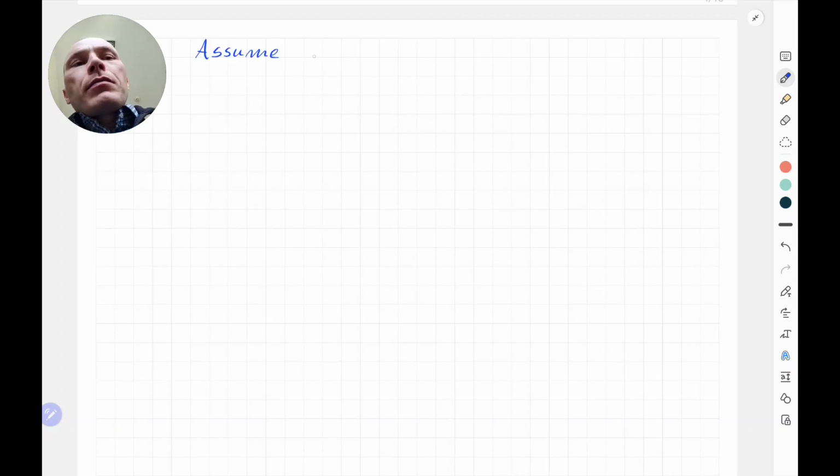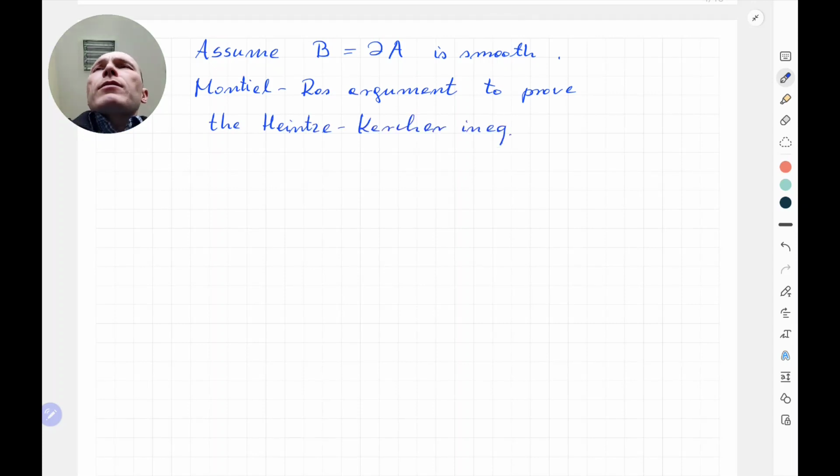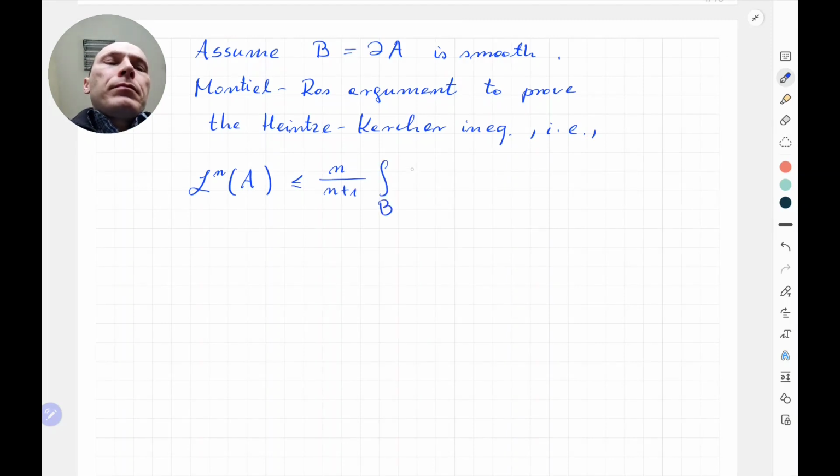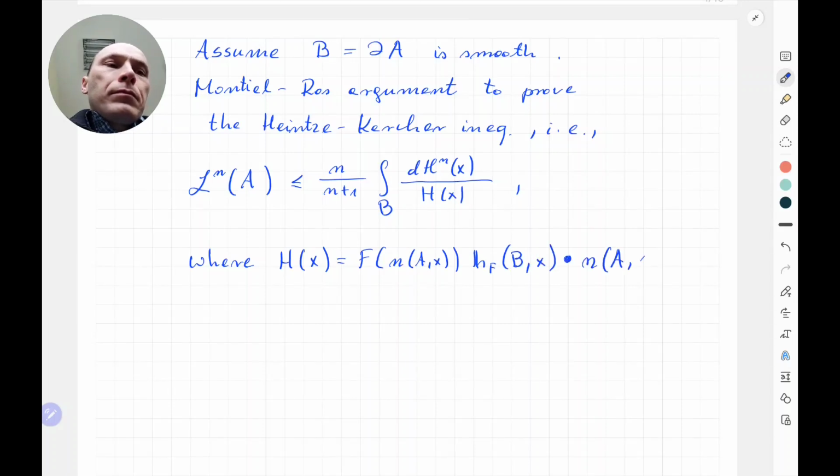Assume the boundary is smooth, and we will present the so-called Montiel-Ros argument to prove the Heintze-Karcher inequality. So what is the Heintze-Karcher inequality?